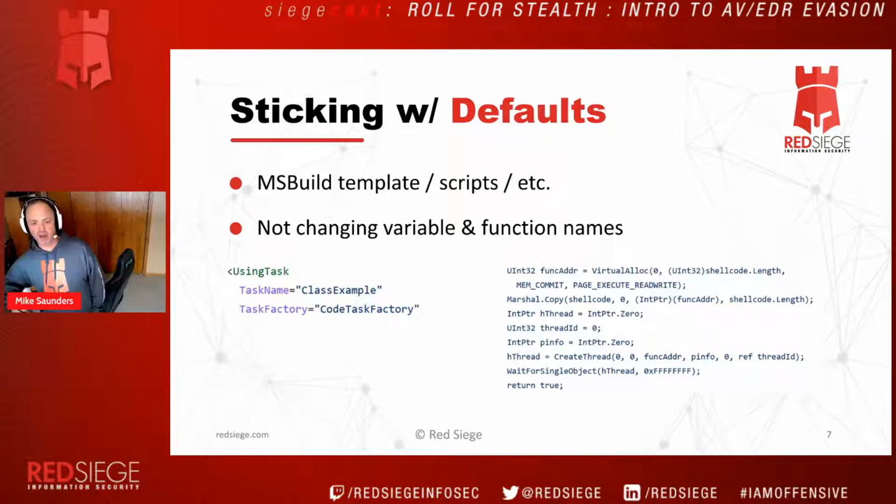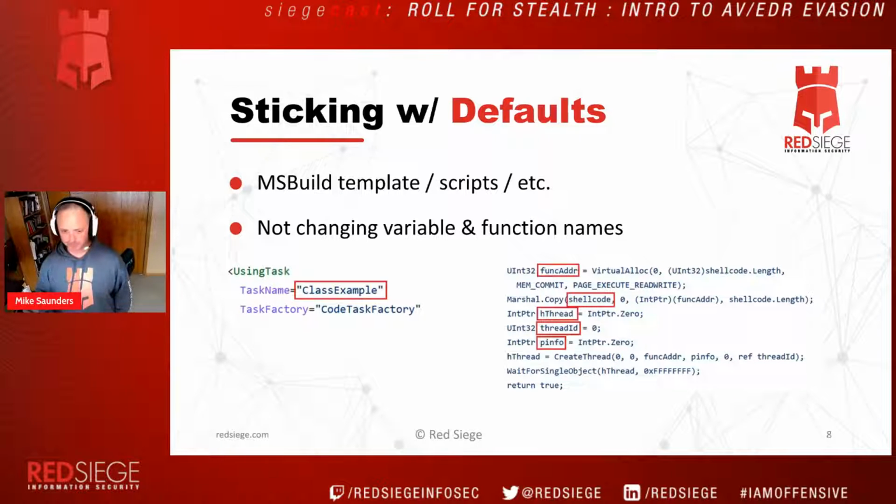On the right side of that, we have some common things like we're declaring a variable to hold a memory address that we're allocating with virtual alloc. And then we got a variable called shellcode where our shellcode's going. So some very easily signatured things.